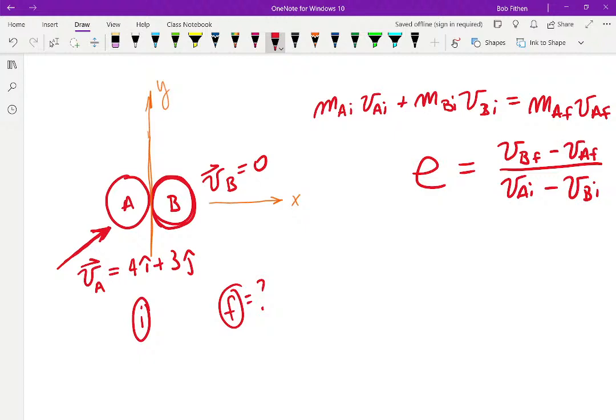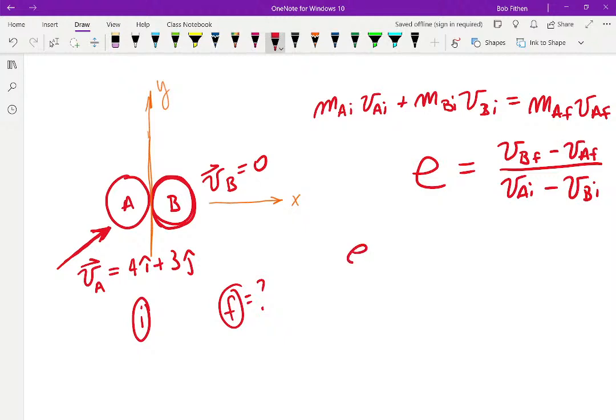Well, first of all, somebody has to tell us the coefficient of restitution for us to be able to work this problem. There's no way around that. You can go and test different materials, but for the sake of this course, we're going to be given that.